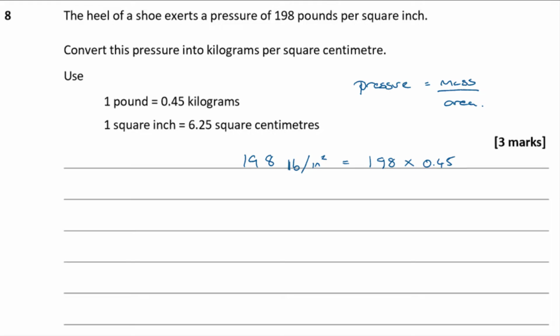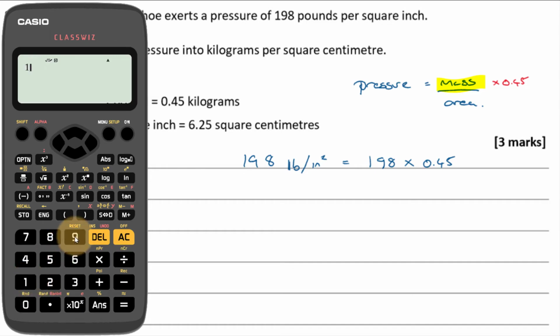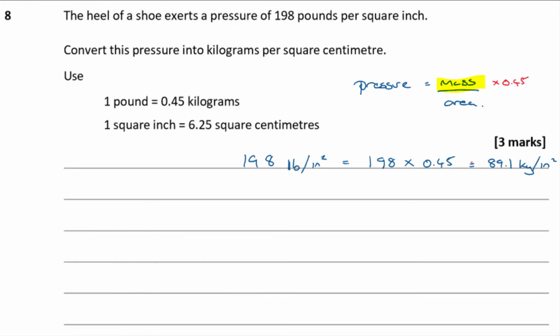Okay, because mass is on the top. So we're going to multiply the top part here by 0.45 to convert pounds into kilograms. So 198 times 0.45 comes to 89.1. That's going to be kilograms per square inch.